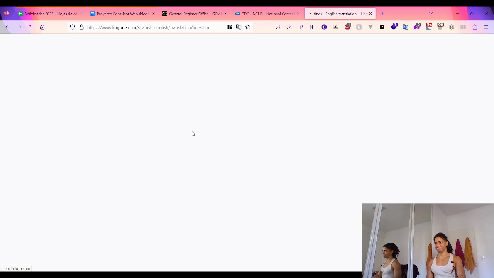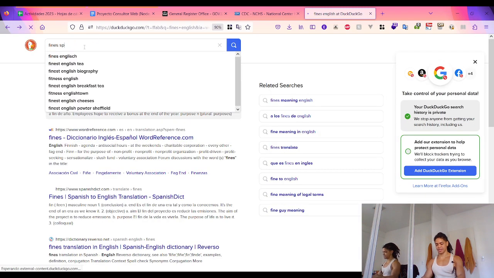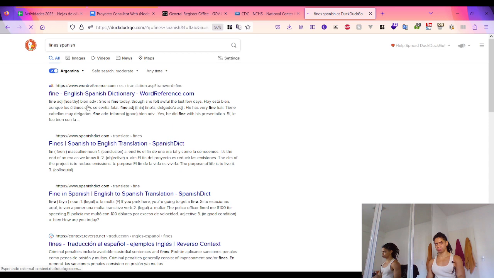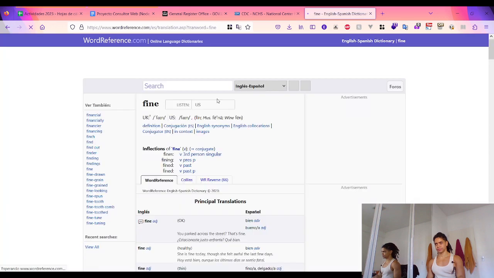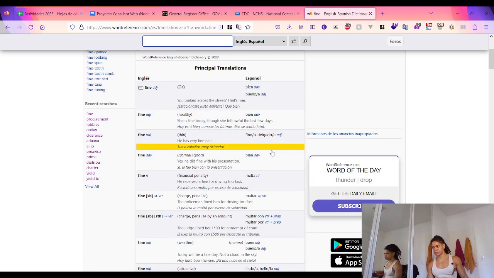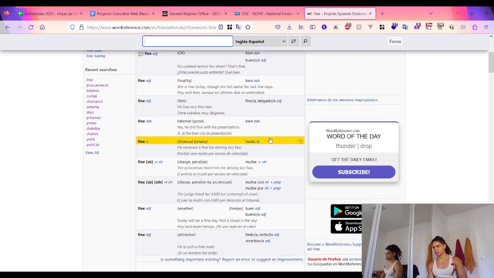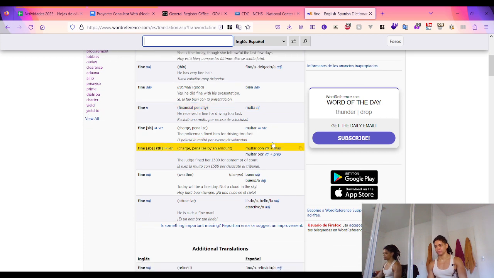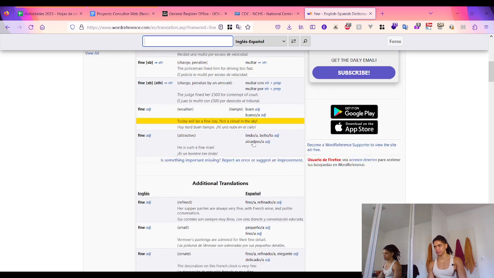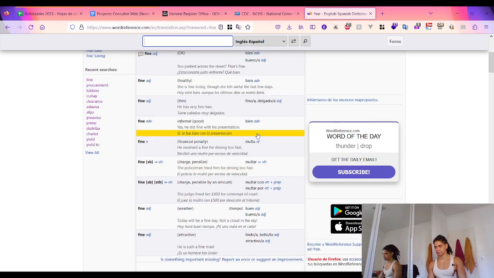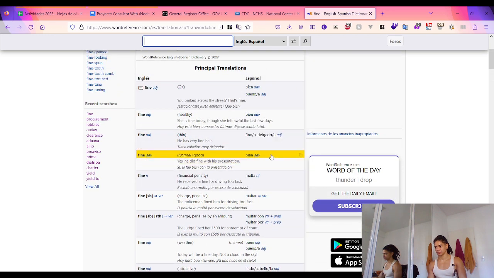Into Spanish, multa, exactly. In financial penalty, una multa.